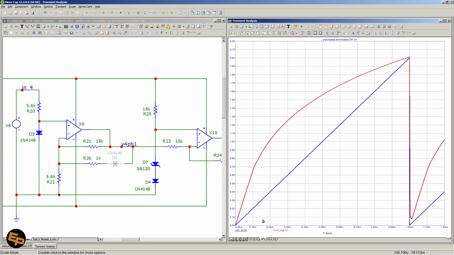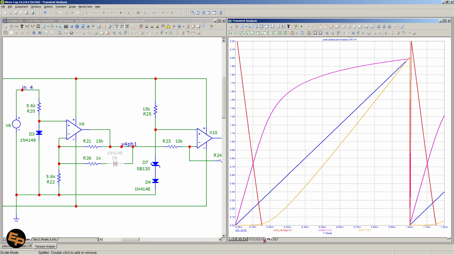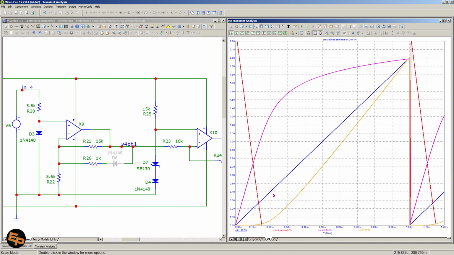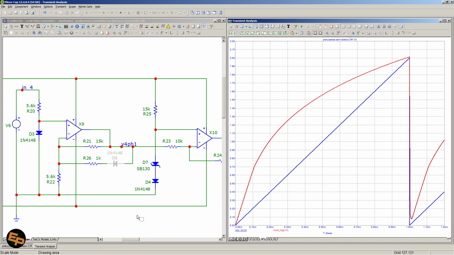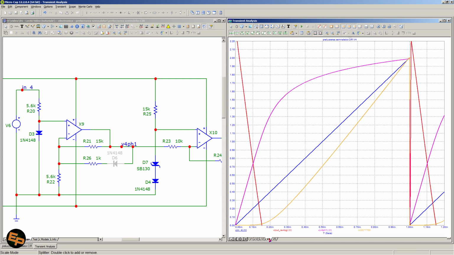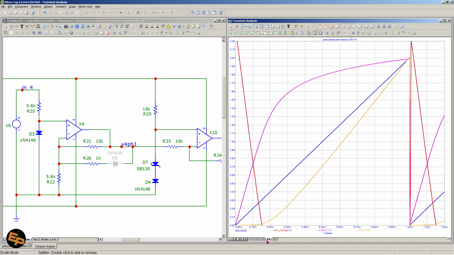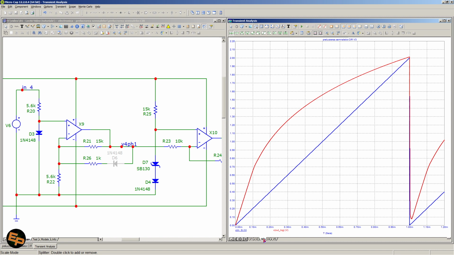This is much closer to the logarithmic curve. So if I am to go back and forth there, just so you can compare this red curve here with this purple curve here, you can see that this fourth circuit that I'm showing you right now gives a response that is farther away from a logarithmic response. But let's say that we don't care all that much about having a pure logarithmic response.